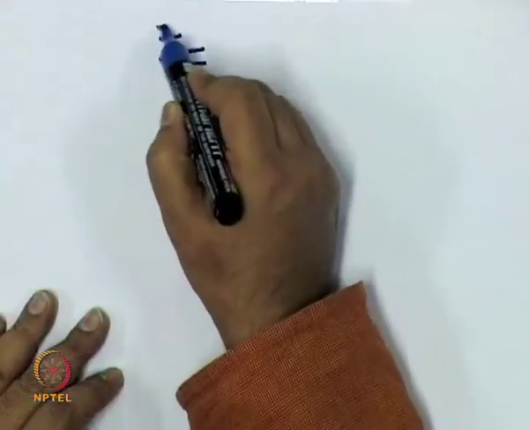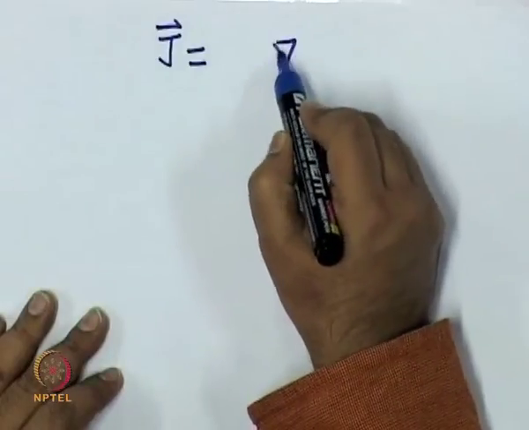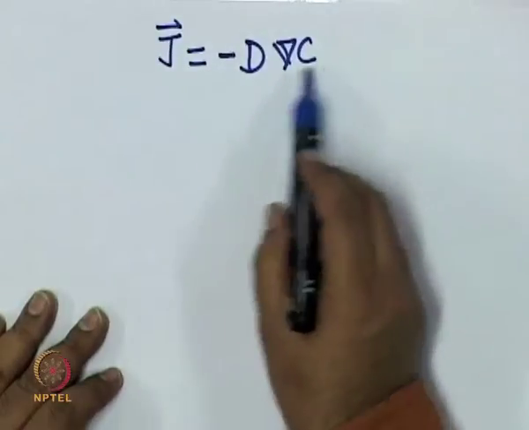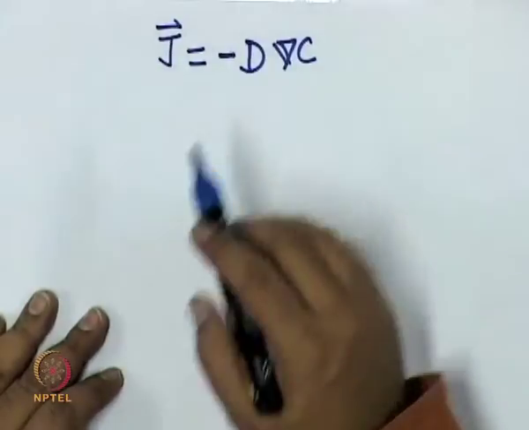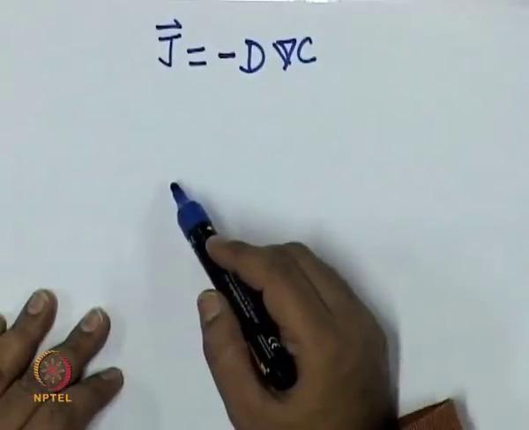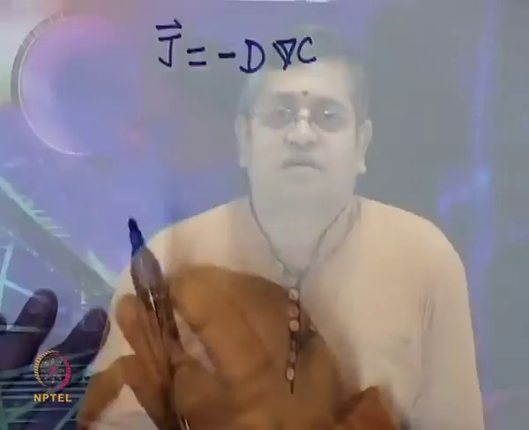So, how do we modify? We know that Fick's law says the atomic flux is proportional to the concentration gradient, and the proportionality constant is diffusivity, and there is a negative sign to indicate that concentration gradients are getting evened out. But we know from our thermodynamic analysis that this is not how we should describe the system to be consistent with thermodynamics, because we know that systems evolve in such a way that free energies are getting minimized.